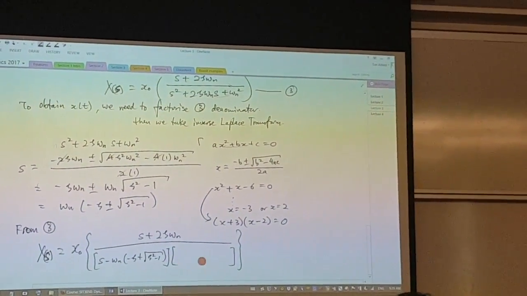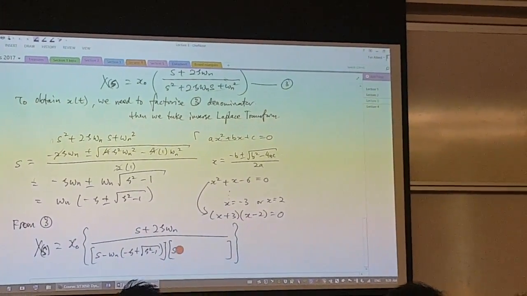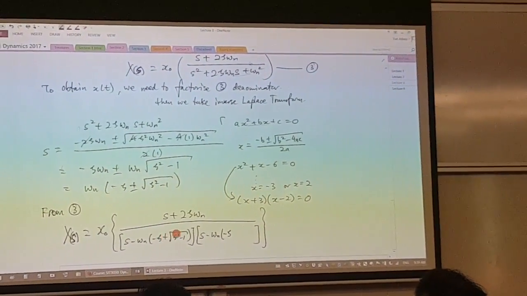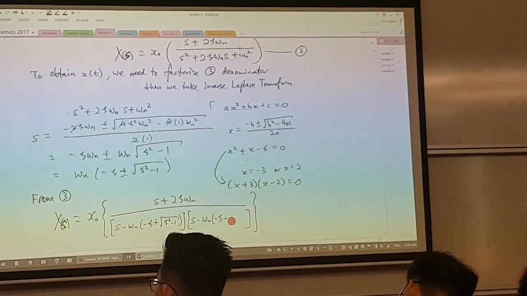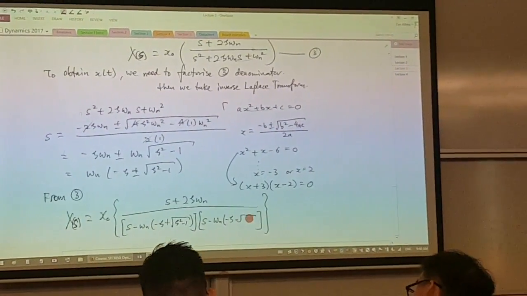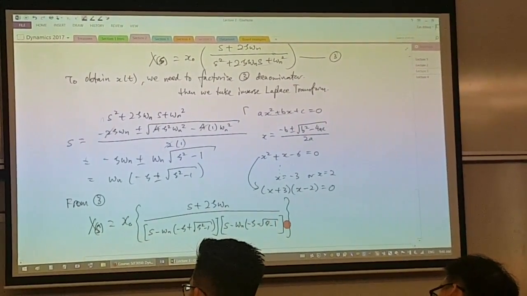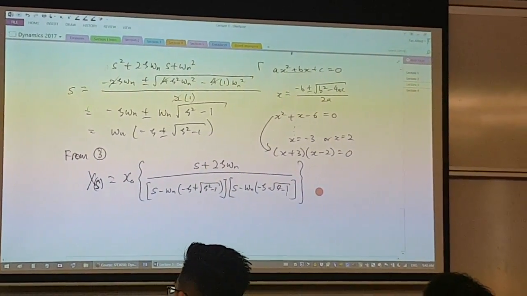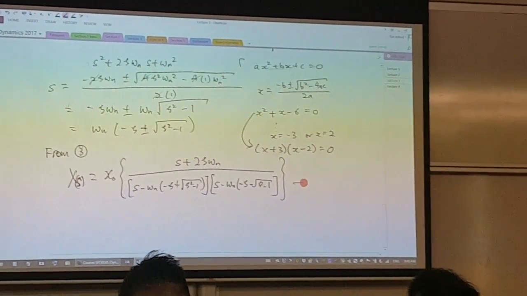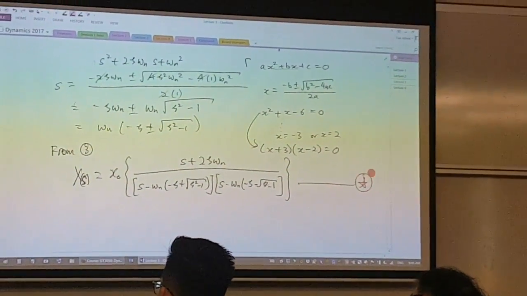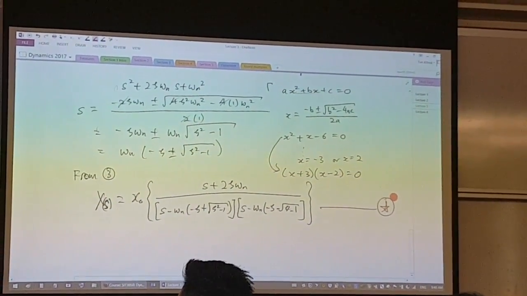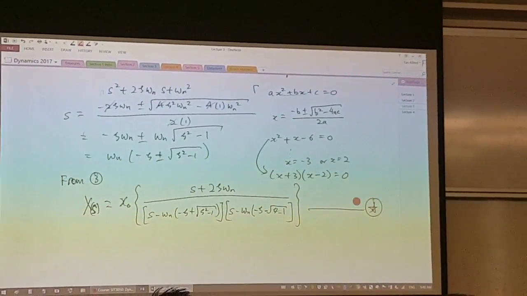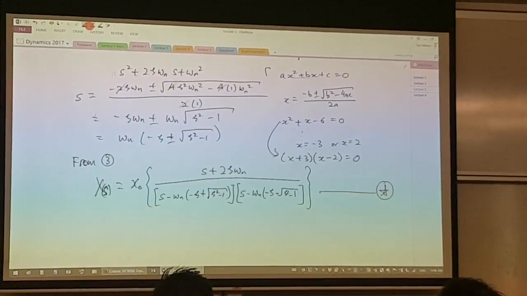And the other term over here is s minus omega n minus zeta, and instead of plus, over here is minus, square root zeta squared minus 1. I'm going to call this equation star. Later on, I'll come back to it. So when I talk about equation star, you will know which one I'm referring to.